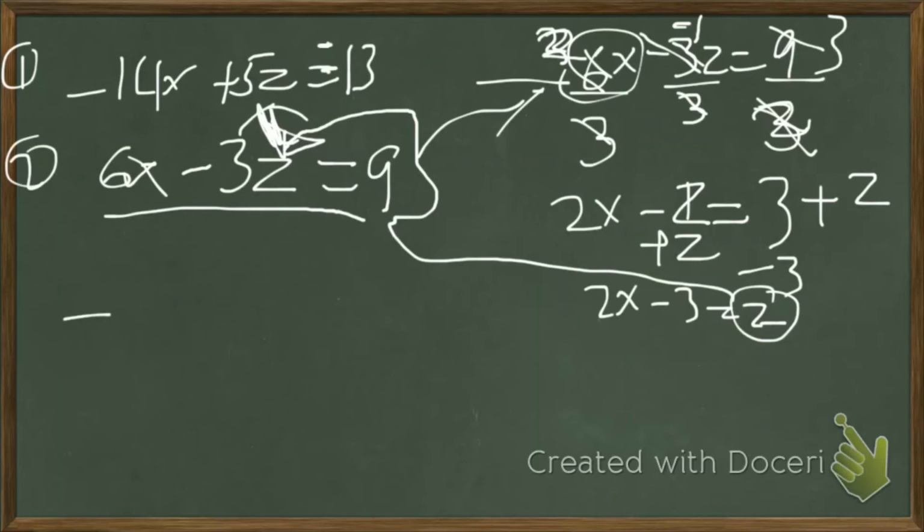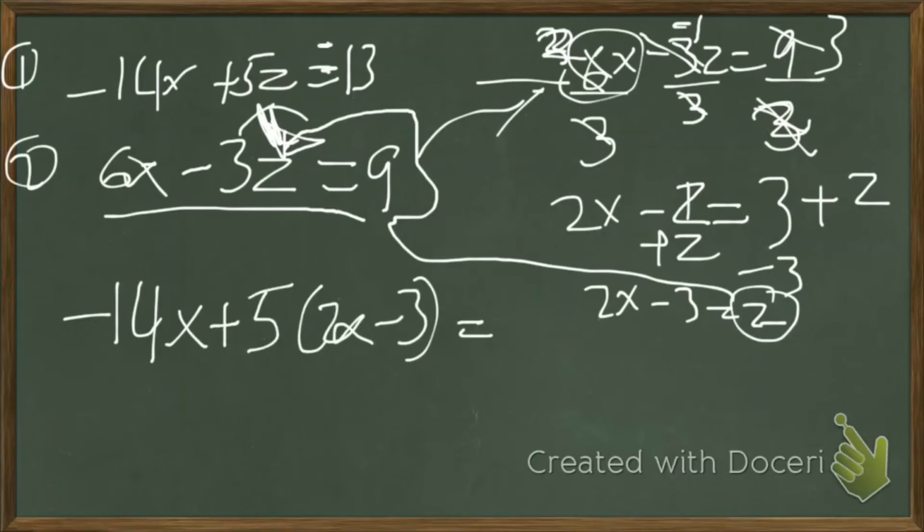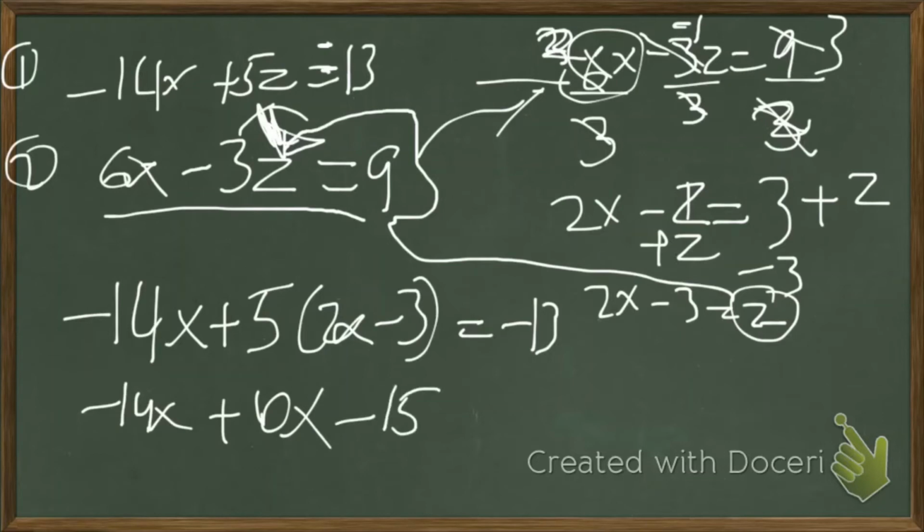So I end up with minus 14x plus 5 times (2x minus 3) equals negative 13. Minus 14x plus 10x minus 15 equals minus 13. So add 15 on both sides and combine like terms.